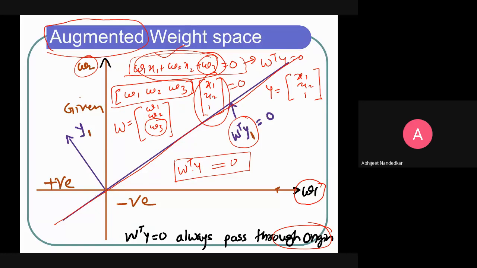That becomes my equation. Then I take this y vector and plot it here, which is the input training pattern.